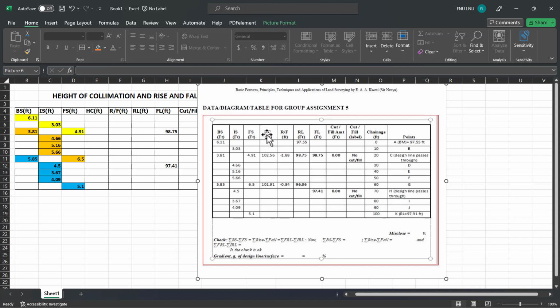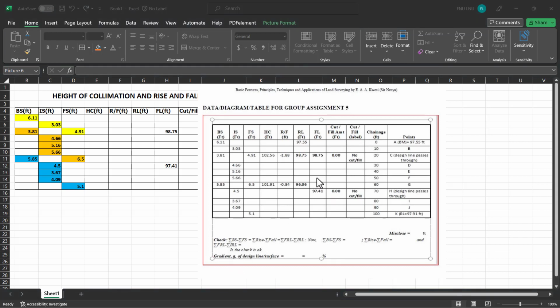The HC here means height of collimation, and the RF here means rise and fall. So we're going to use the two methods of leveling calculations at the same time to solve this problem. And at the end of the lesson, you will know how to compute cut and fill.